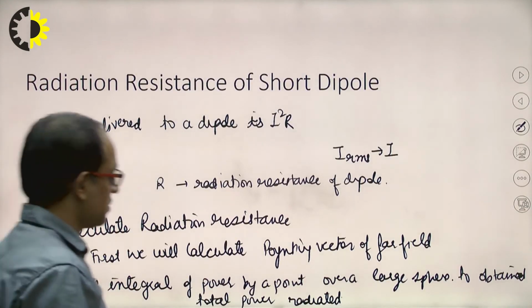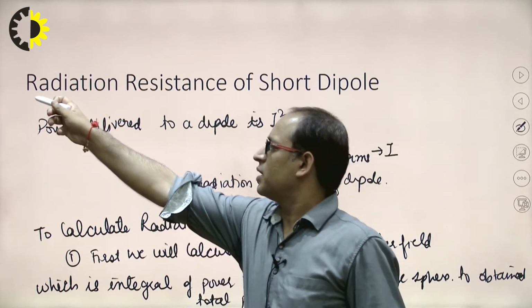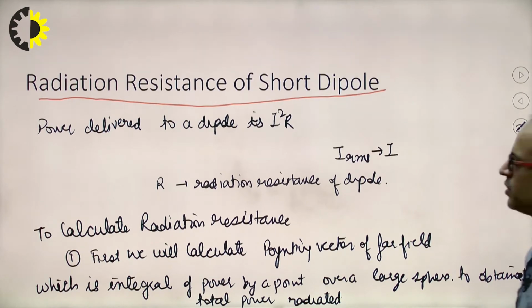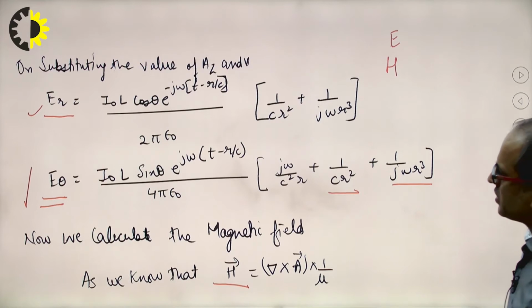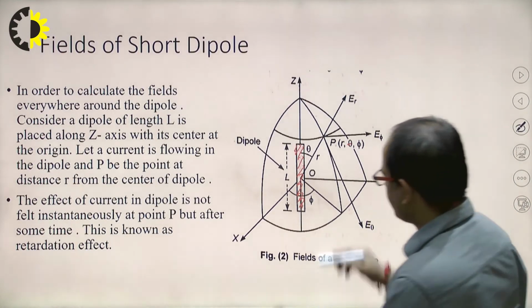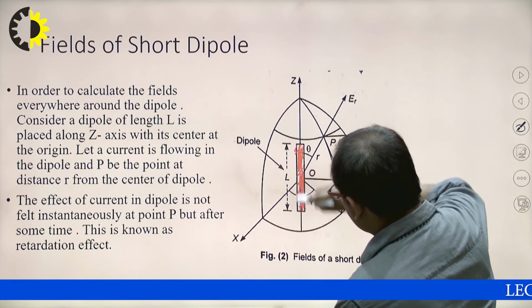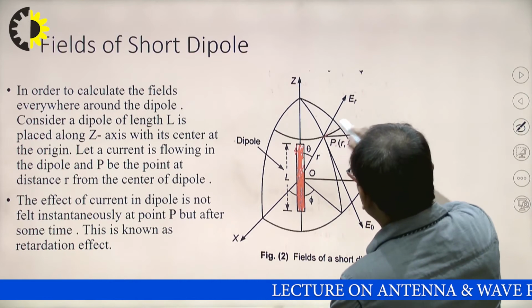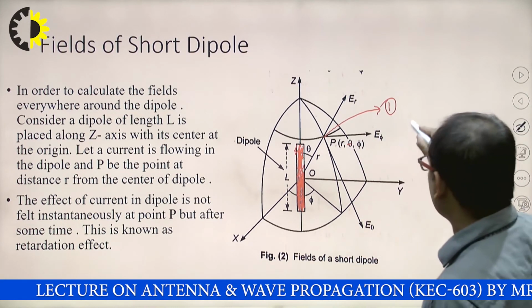Now next, we want to find out the radiation resistance of a short electric dipole. For calculating the radiation resistance, first we will calculate what?